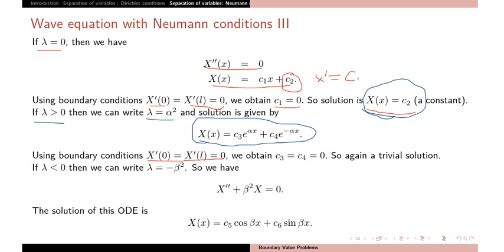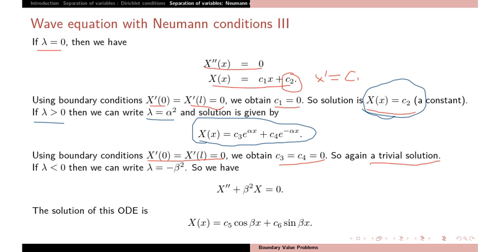You get both c3 and c4 equal to 0. Just simply differentiate with respect to x, then firstly fit x equal to 0, then x equal to L in the derivative. So for lambda positive you only get a trivial solution. So there is no addition from this positive lambda.